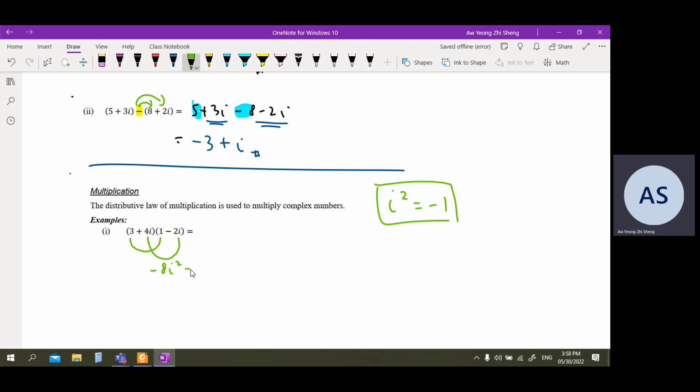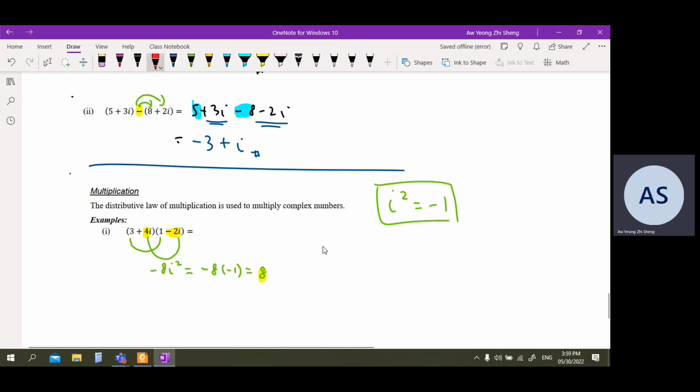But i squared is negative 1. That becomes a positive 8 eventually. And so it's actually these two combinations, the 3 times 1 and the 4i times minus 2i, that will generate real terms at the end. A real term means the term that doesn't contain i. So these two combinations, which I color in green here, are the combinations that generate real terms.